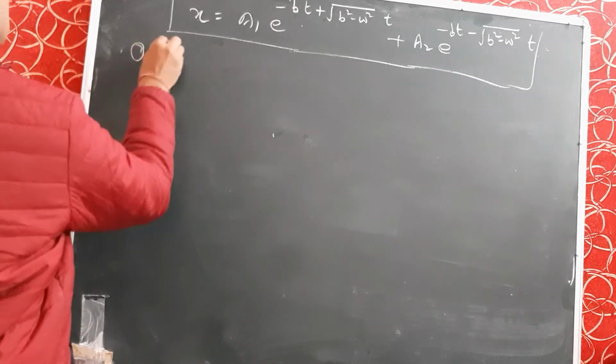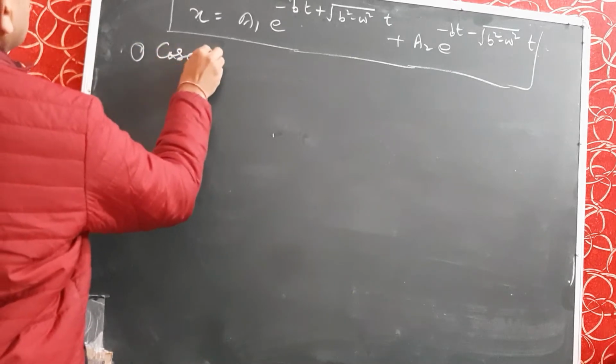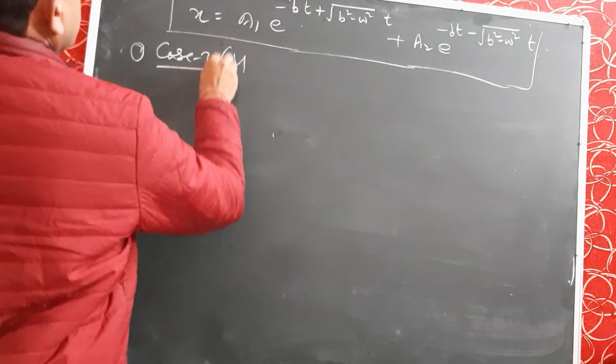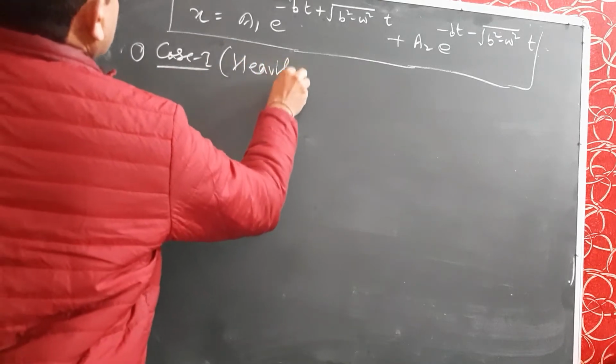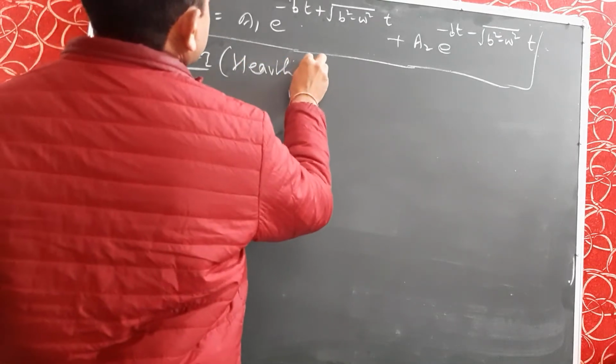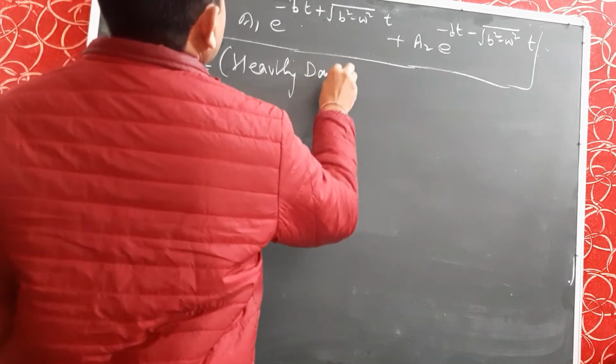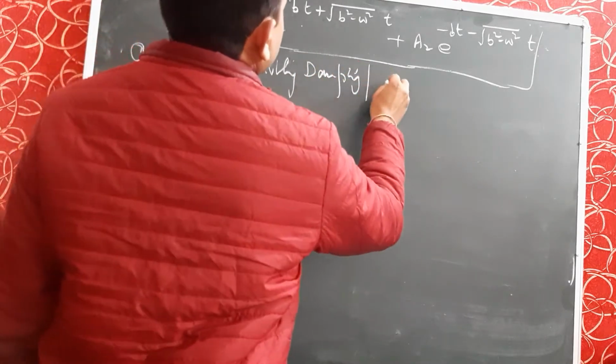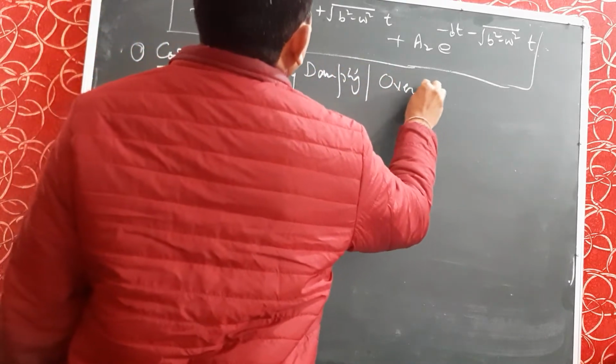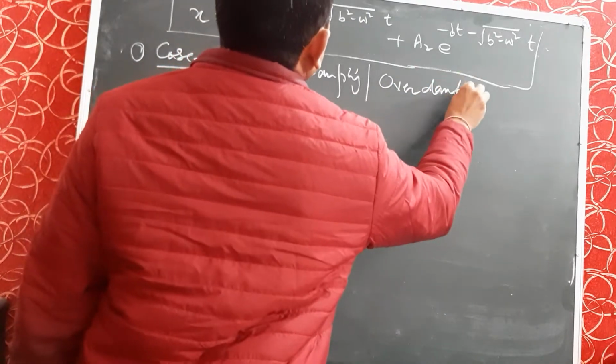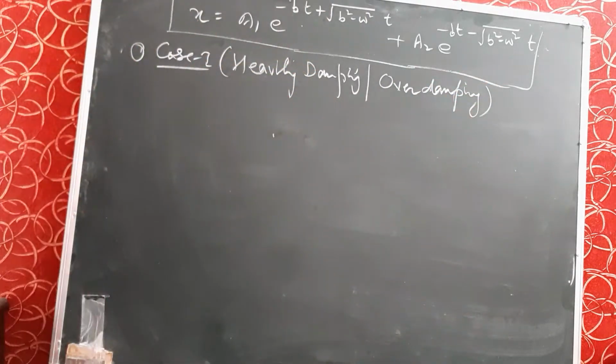So the first case, that is case 1, is also called heavy damping or over damping. So what is heavy damping?